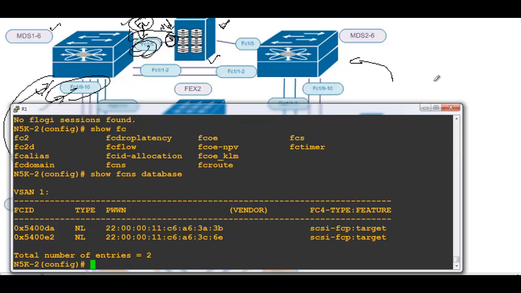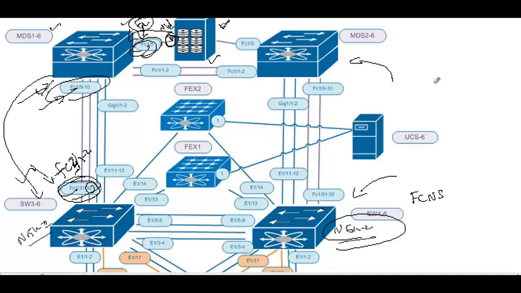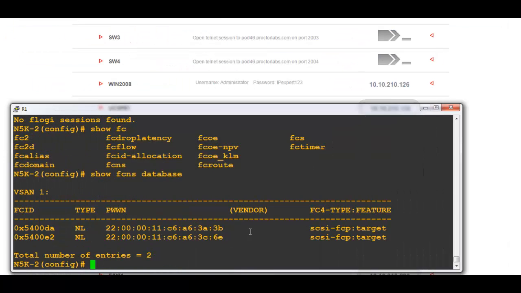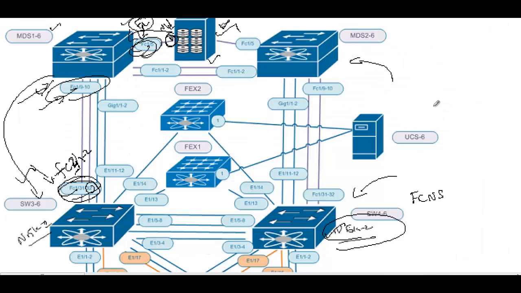Okay. Now before going further, we have brought it up to this level. This JBOD is being detected from 5K. Now I want to ping and see whether I am reaching. I told you that there is a protocol called, not shortest path first, it is Fabric Shortest Path First.